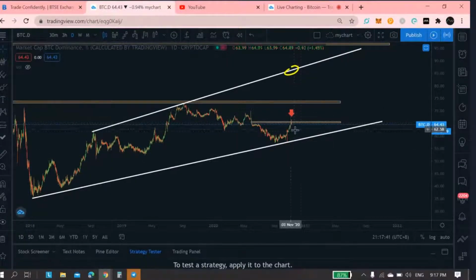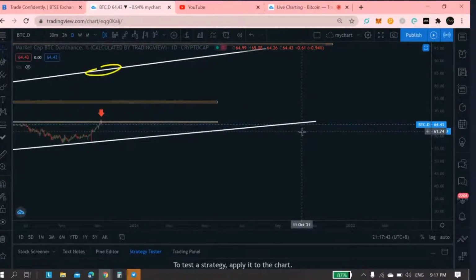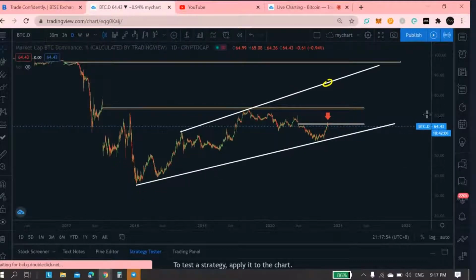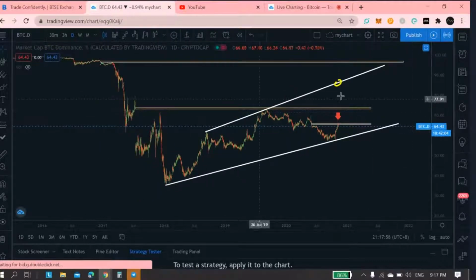However, after it filled the gap, it pulled back a bit. And I think it will possibly retest and fill the second gap of around the 74 area. So let's see.